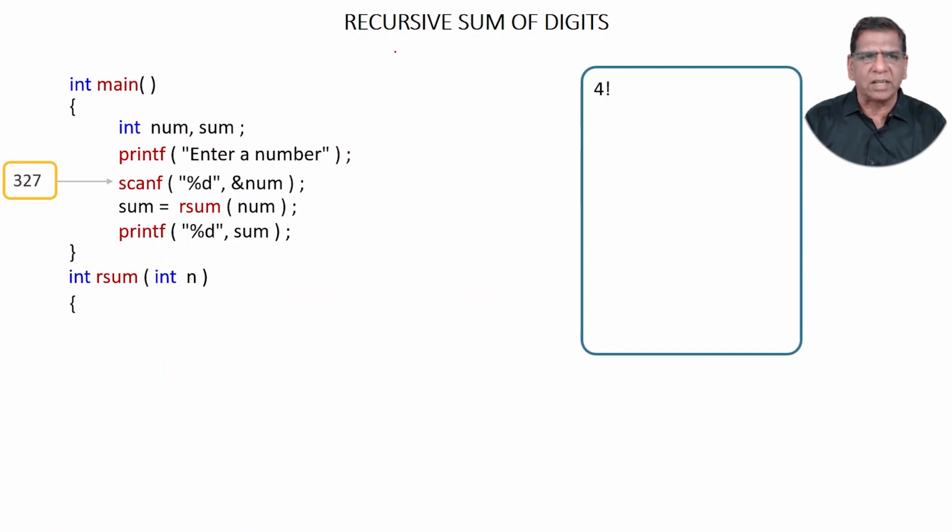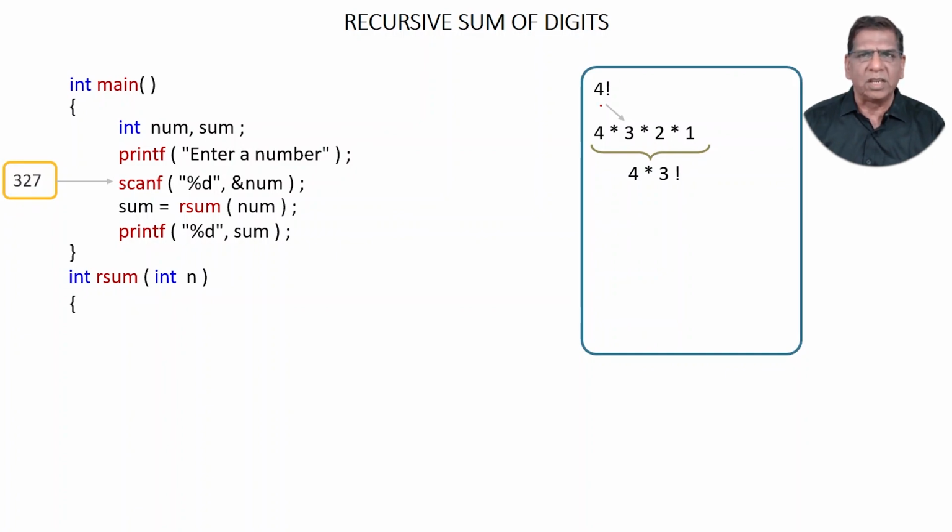And before we actually get the sum of digits, let's look at another parallel theme wherein we wish to get factorial value of a number 4. We know that this is nothing but 4 into 3 into 2 into 1. Out of which 3 into 2 into 1 I can always represent as 3 factorial.